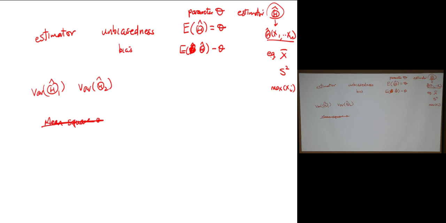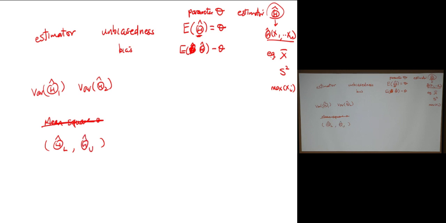Besides just having a point estimator, we also would like to give an interval. These estimators are random variables, so for the interval, both ends are random variables.